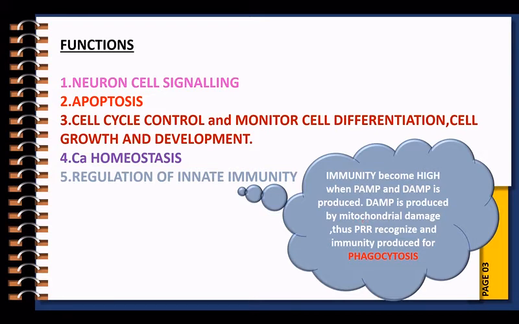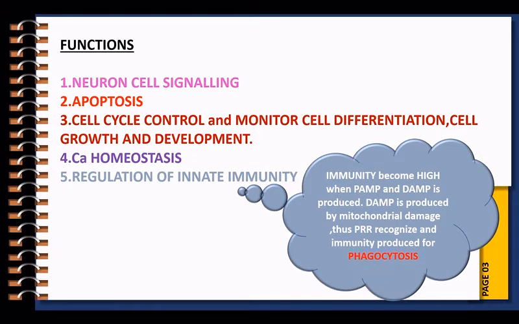The mitochondrial contents, the mitochondrial DNA and lipids, will all be released. So the PRR, that is pattern recognition receptor, recognizes it and immunity is produced. Thus phagocytosis will occur. The phagocytosis is not only responsible for uptaking the pathogen, it is also responsible for uptaking the damaged cell debris, etc.